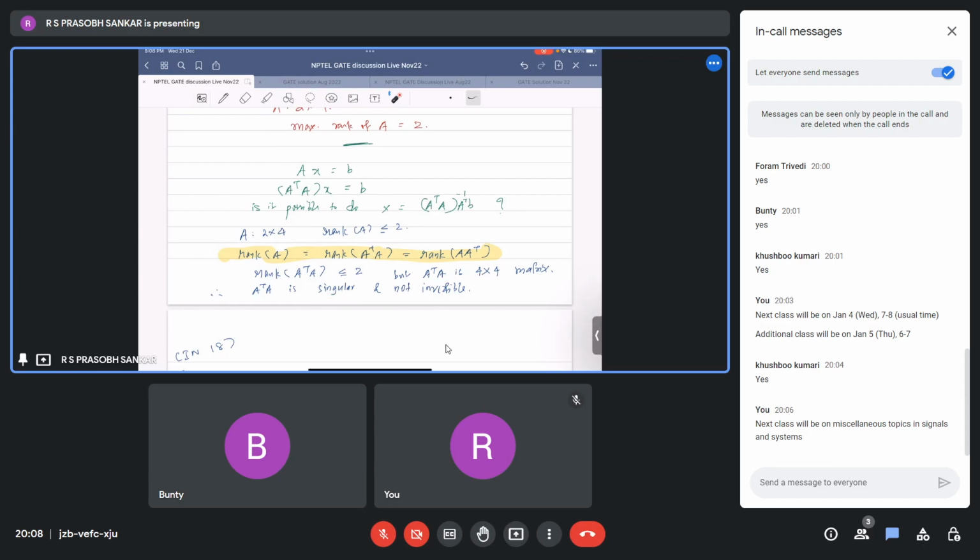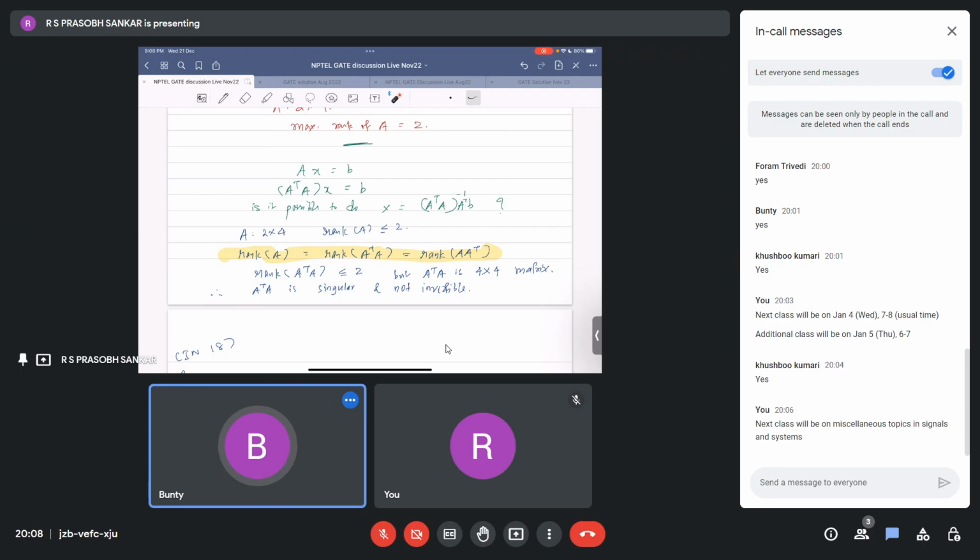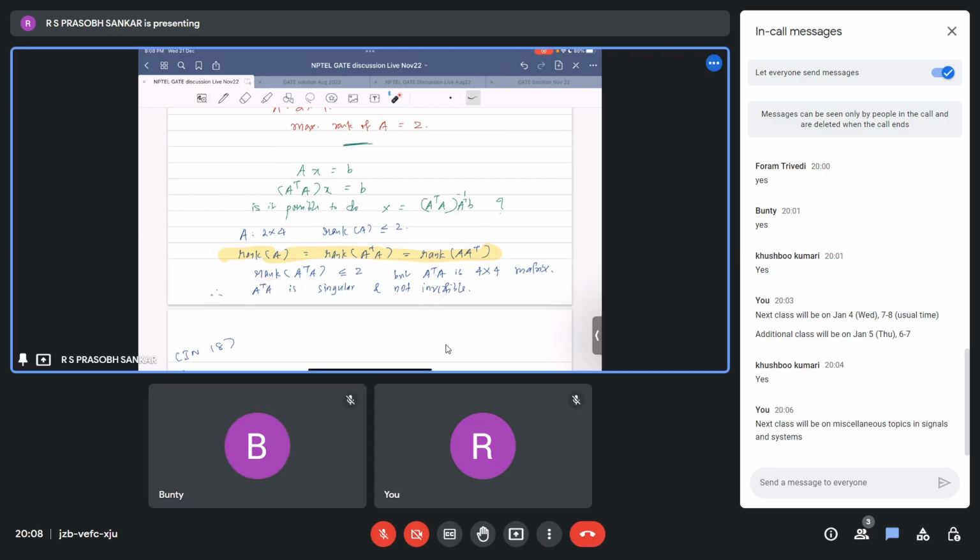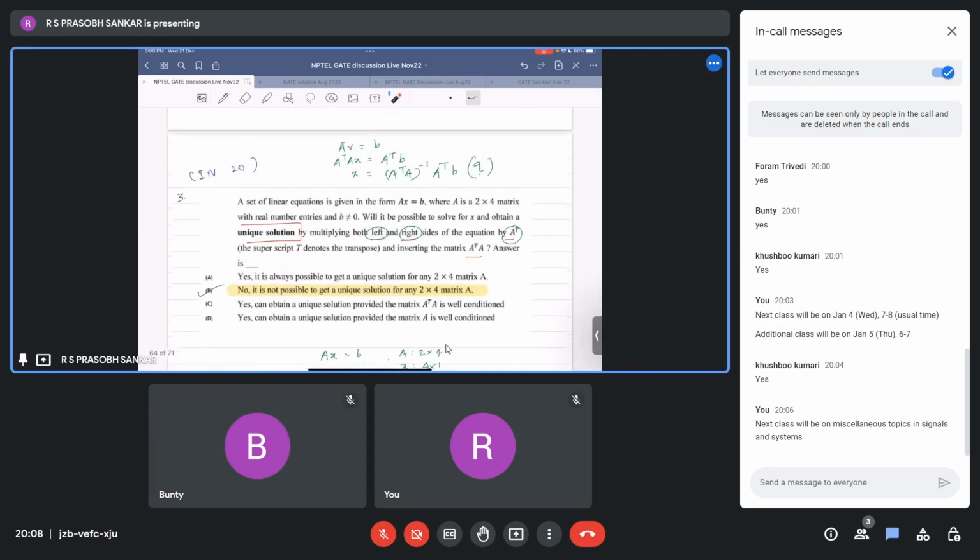That means it is singular, correct? And it is therefore not invertible. So this A transpose A inverse, we cannot compute. So we cannot find a unique solution by doing this. So that is the answer. Is that okay?